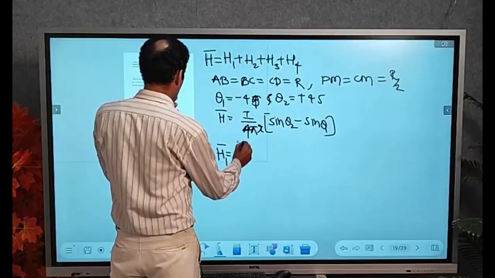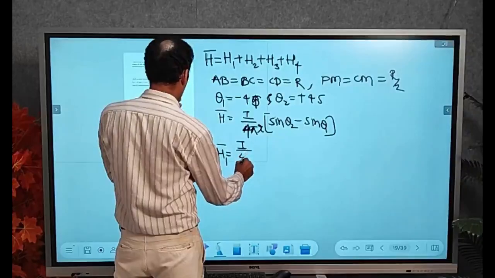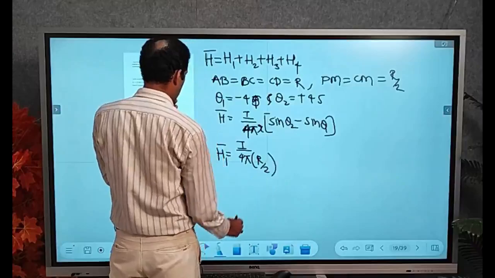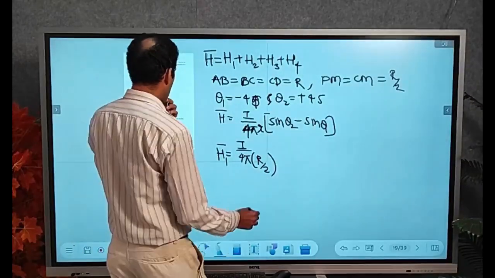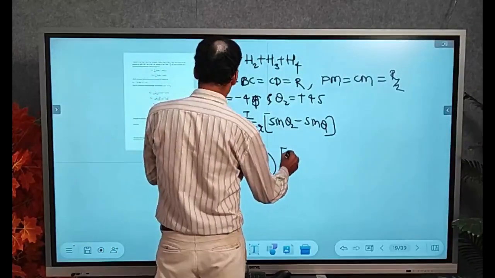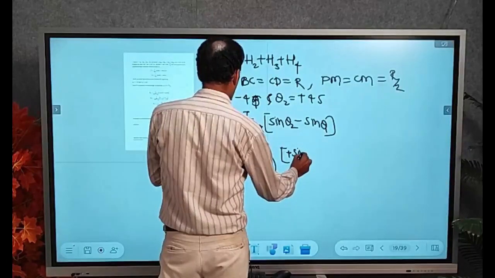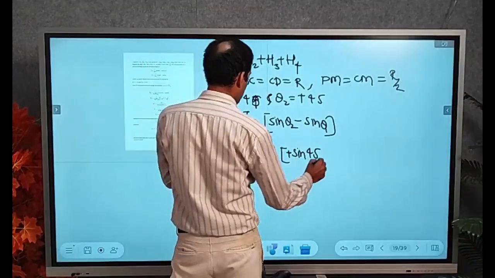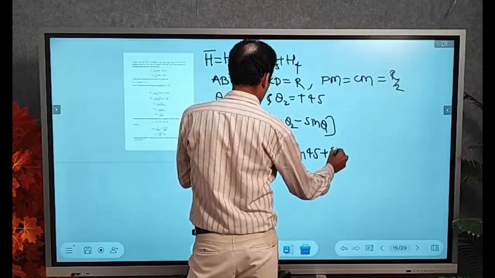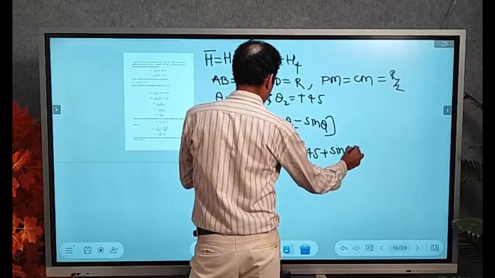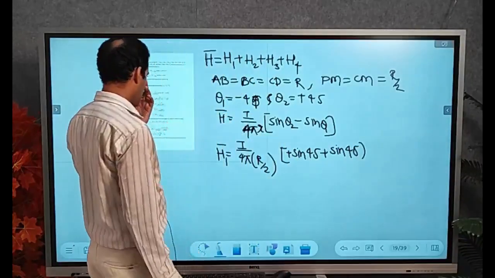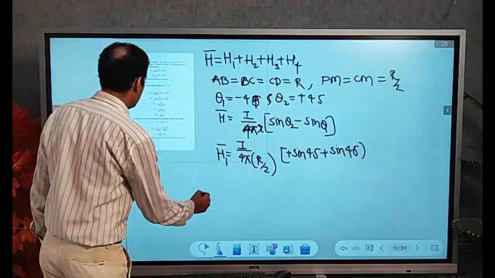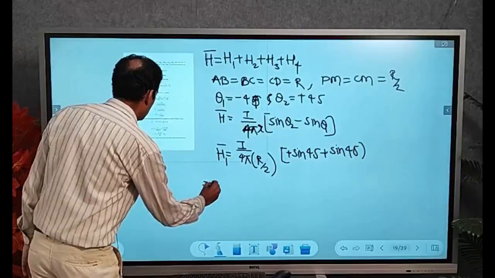So we will have I upon 4 pi, now R is the half distance there, so that is R by 2, then here we will have plus sin 45, this minus will become plus, again sin 45.